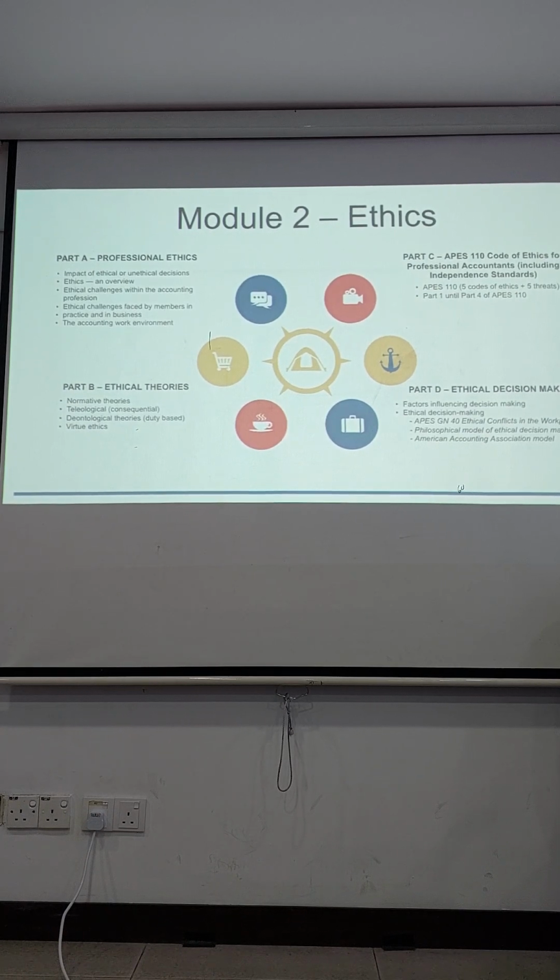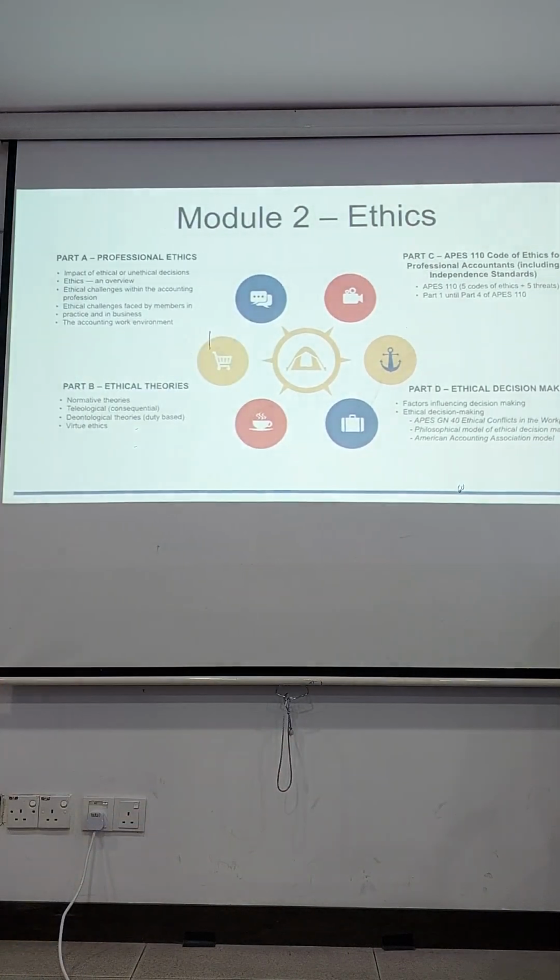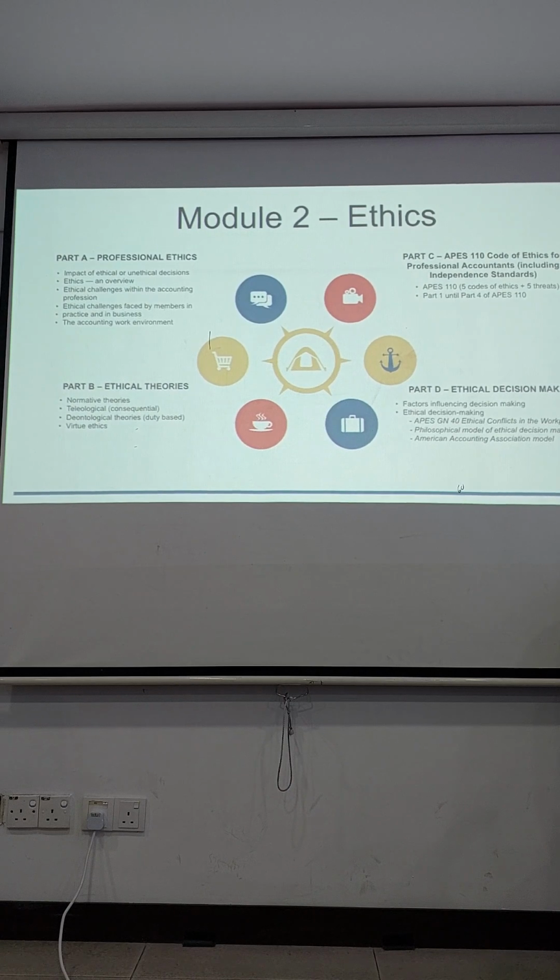If I am working in KPMG doing audit, which parts are applicable? 1, 3 and 4. 1 is because everyone is general, 3 because we are working in public practice, and 4 because we are working in audit and assurance.